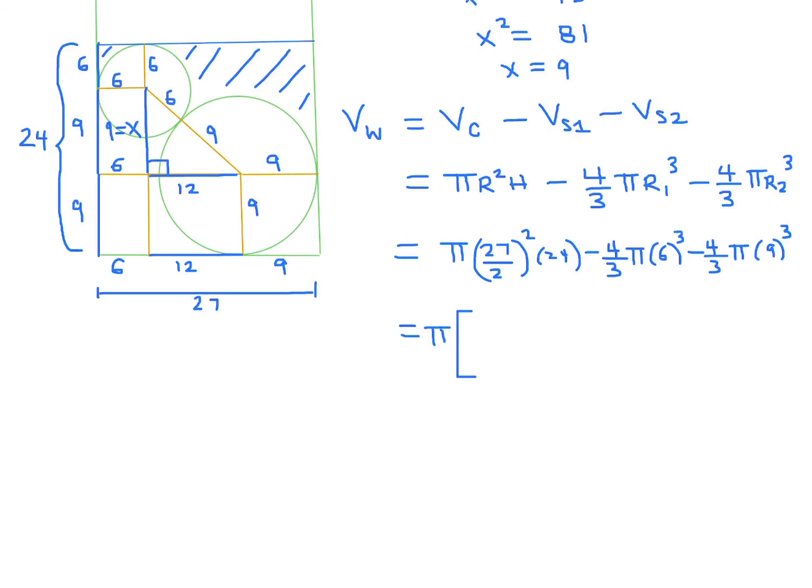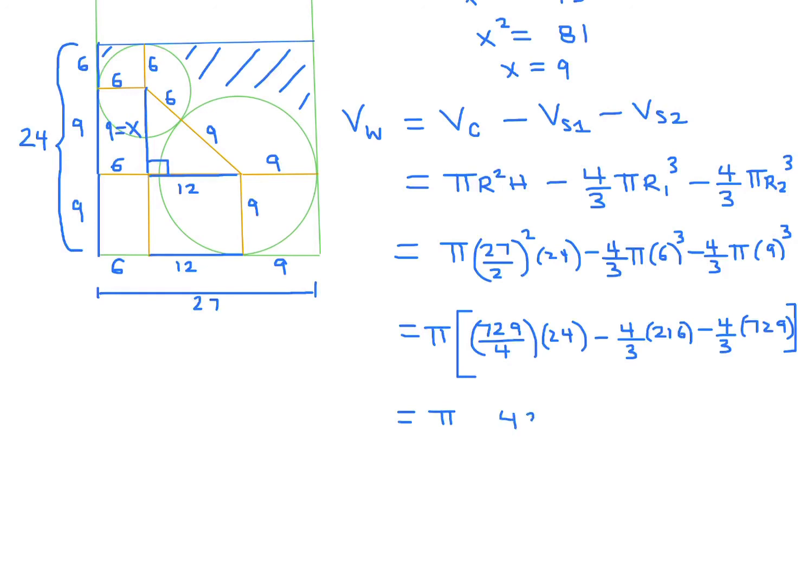And then now we just do the math. 27 over 2 squared times 24. That looks like 729 over 4 times 24. And this is minus 4/3 6 cubed, which is 216. Minus 4 over 3 9 cubed, which is 729. And then this is just some number crunching here.